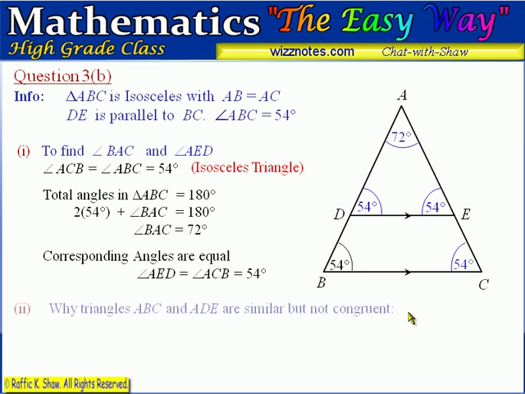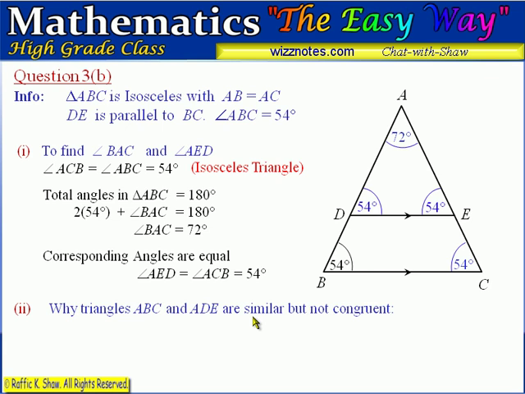Now part 2 is asking us to explain why triangles ABC and ADE are similar but not congruent. Now, congruent triangles are triangles that are equal in every way, equal angles and equal sides, while similar triangles are triangles that have all angles equal but not necessarily all sides equal.